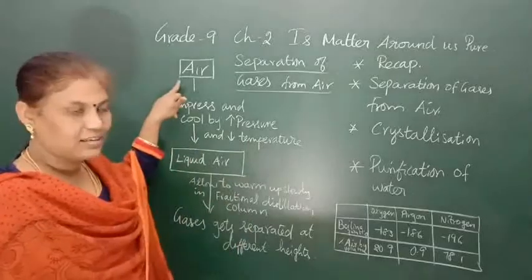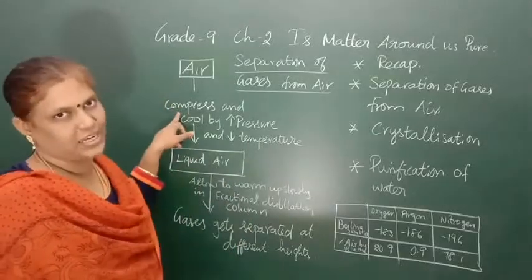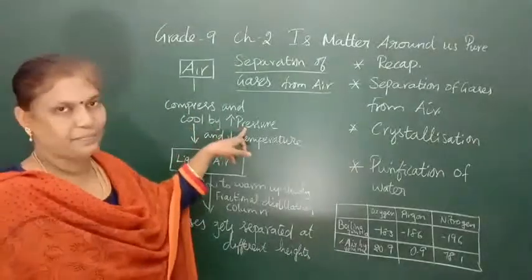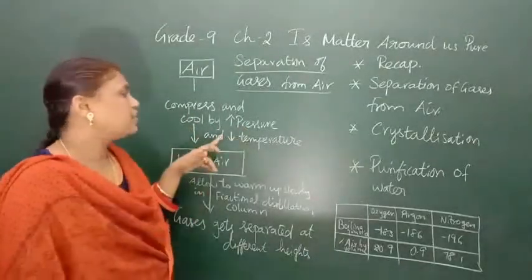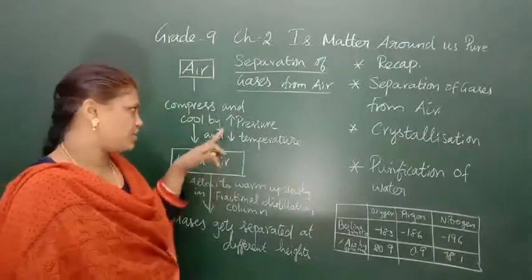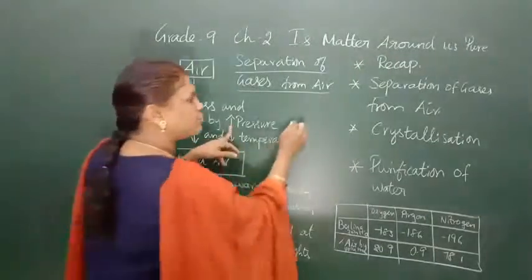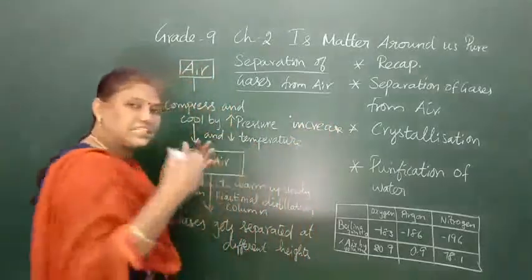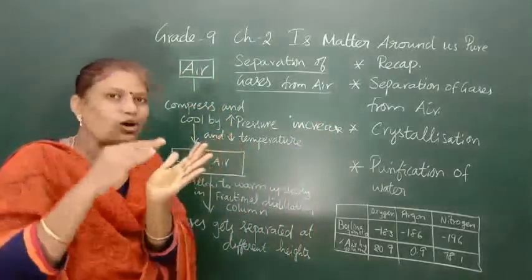So the air is compressed. It means we are cooling it at high pressure, and the temperature should be reduced. The upward arrow says an increase in pressure. We are increasing the pressure so that the molecules become closer.